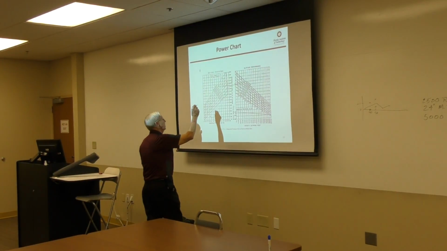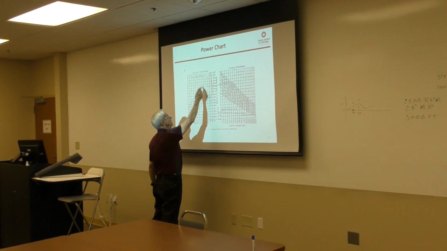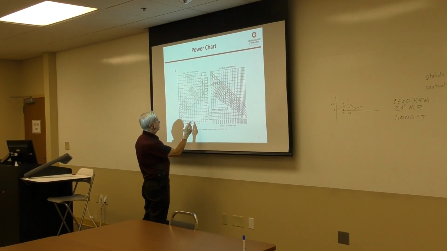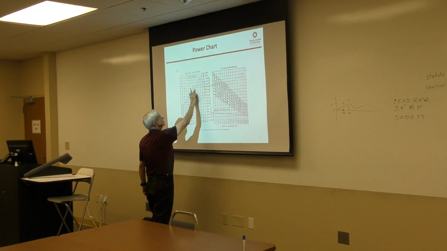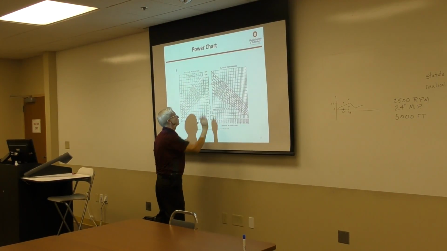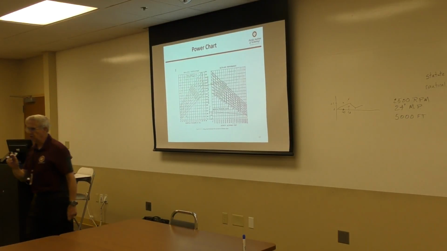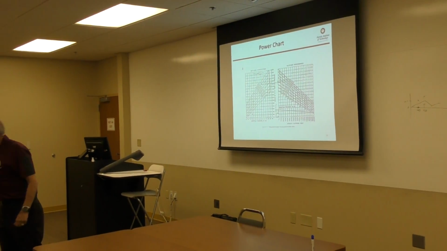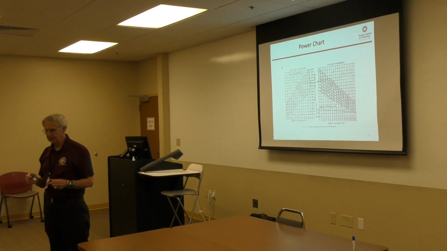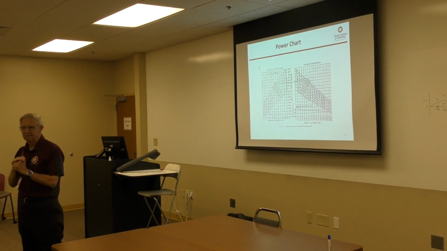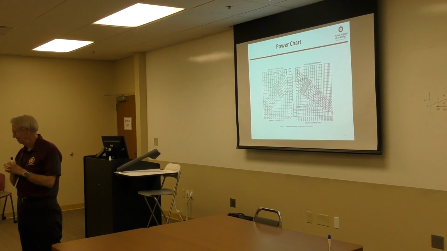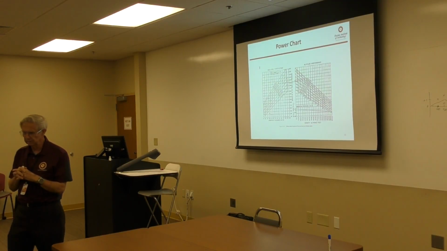Okay, here's 2,500 RPM, 24 inches of manifold pressure. We go up to where those two come together on this chart. It's right here, and we come over and it looks like this one's about 182 horsepower. It's not what you're going to find on yours, I don't think, but what's the consensus on that side? A little under 200.